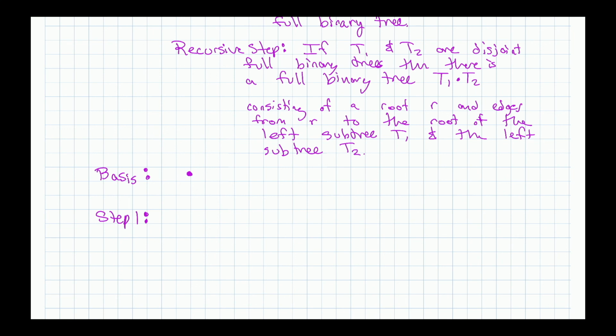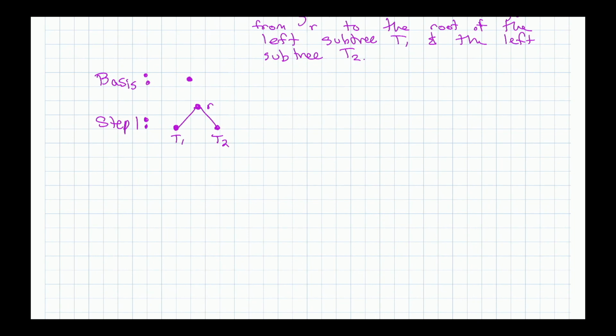You have to pick T1 and T2, and they have to be full binary trees. So you have to pick a single vertex to be your T1 and a single vertex to be your T2, because you have no other choices. And then the way you come up with the new tree is you have a root R and you connect them. So that's what the step 1 full binary tree looks like.